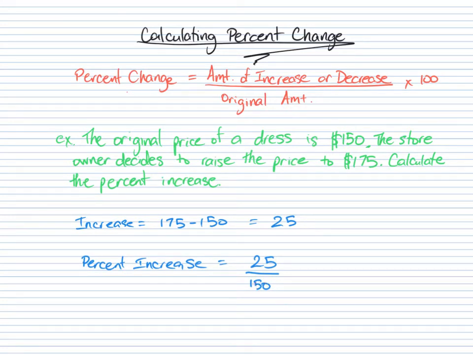All right, that times 100 to turn that into a percent. All right, and once you work that all out, you get 2,500 over 150, which gives us approximately 16.67%. So our percent increase in this question is 16.67%.